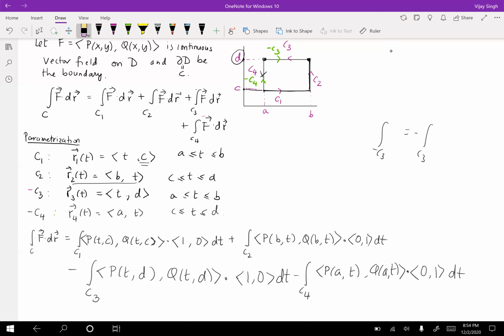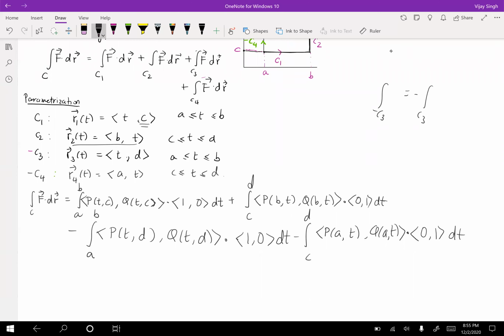My T goes from here. In the first case, my T goes from A to B. In this C2, T goes from C to D. In minus C3, T goes from, again, A to B. And here for minus C4, we have this goes from C to D.